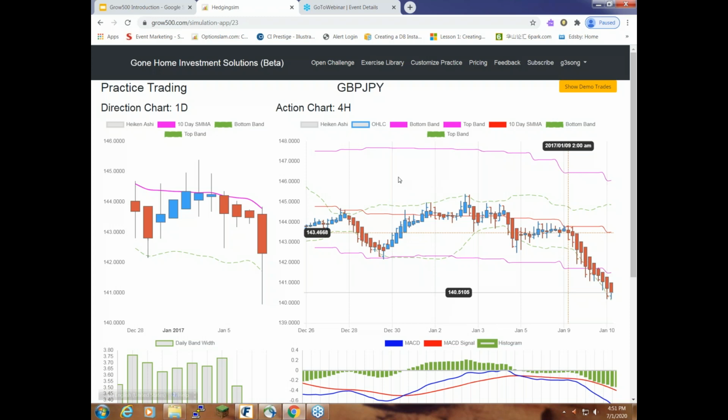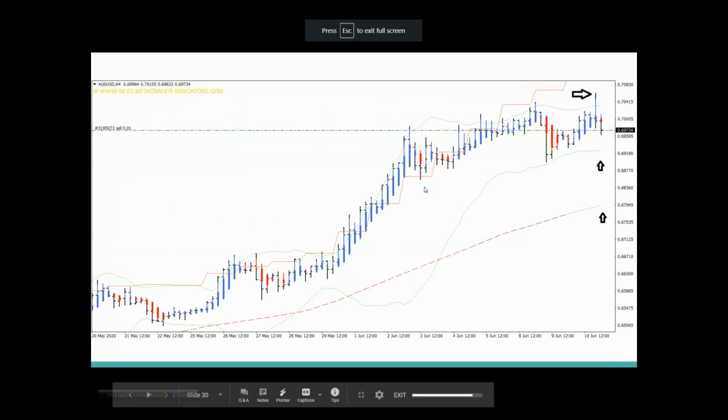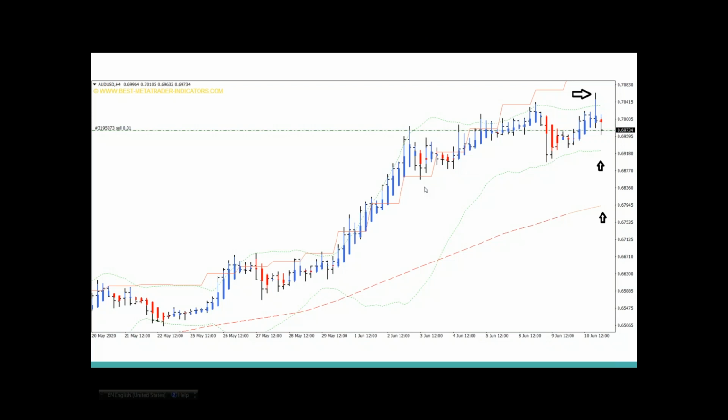And before I leave to question and answer, let me spend the next few minutes to continue my presentation and talk about some of the real examples that just happened last month. So this is happening in June with Australian dollar versus US dollar.